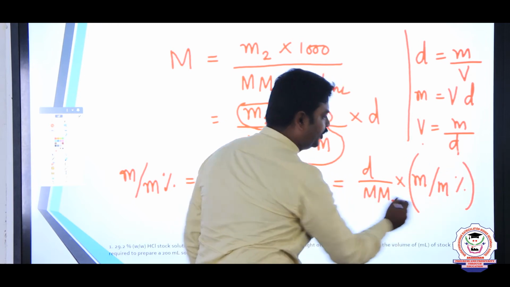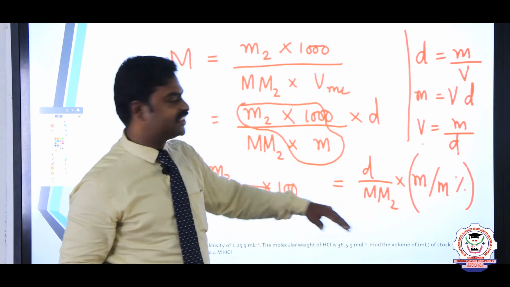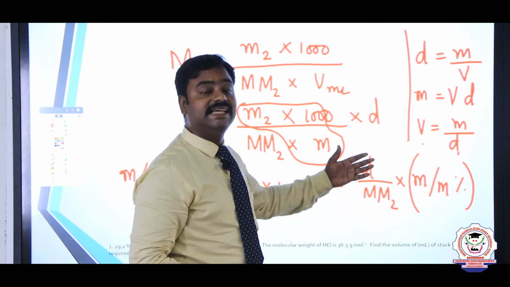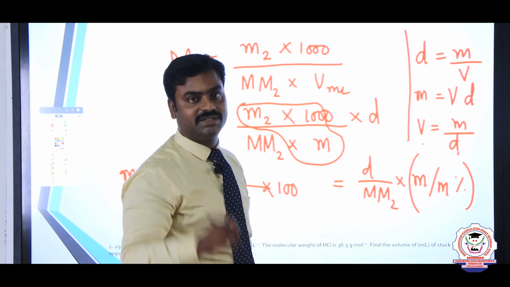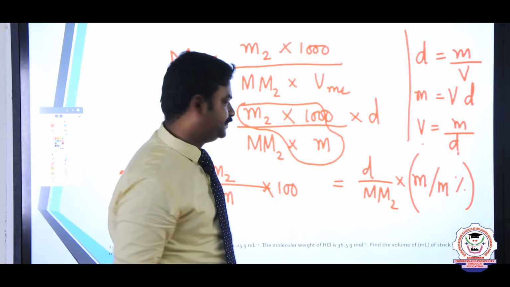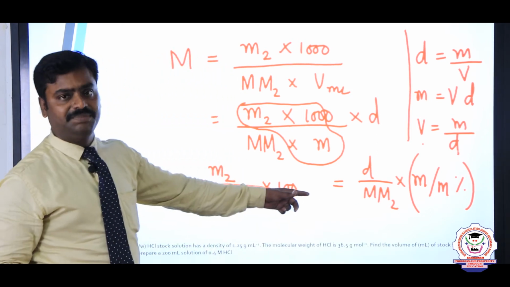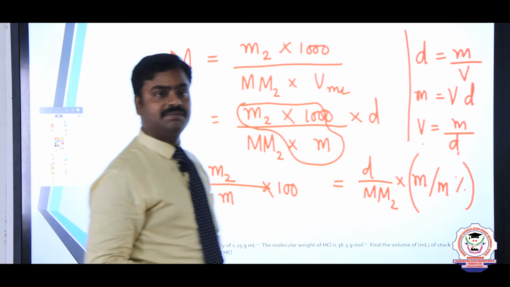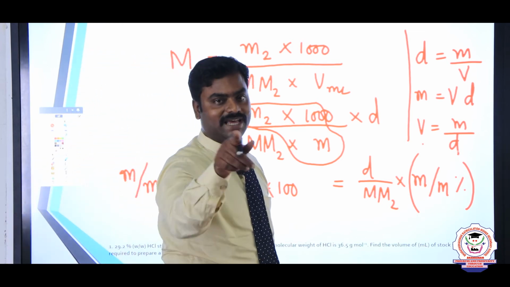So if you introduce mass by mass percentage with density divided by molar mass, you can convert mass by mass into molarity. So this is the simplest formula, converting mass by mass percentage solution into molarity.